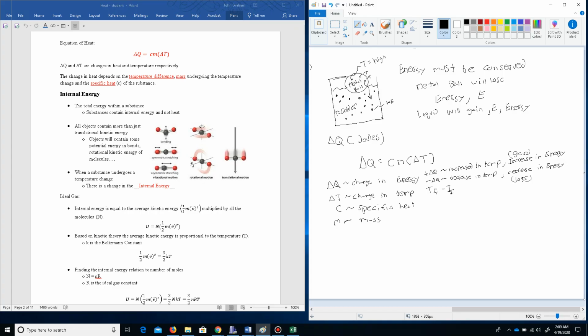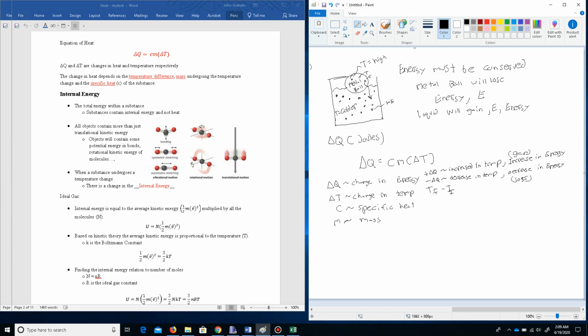So, a substance contains different kinds of energy. They can contain translational kinetic energy, which is particles moving back and forth or in one direction. They contain rotational motion energy, so spinning around.